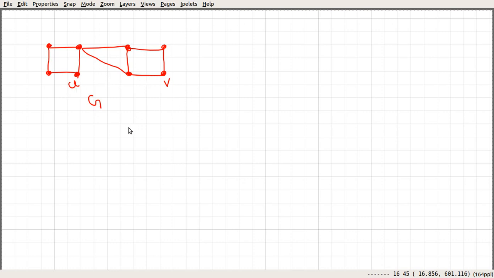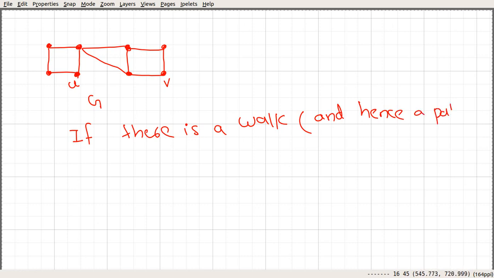So let me give the formal definition of the distance between two vertices in a graph. If there is a walk between two vertices, then we can also find a path between those two vertices.